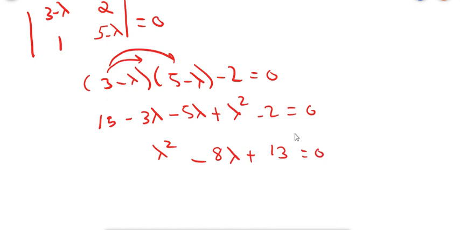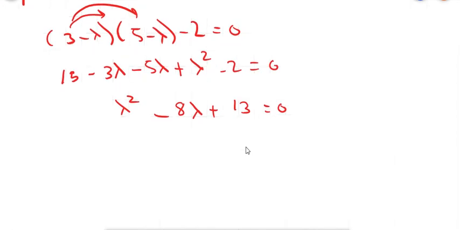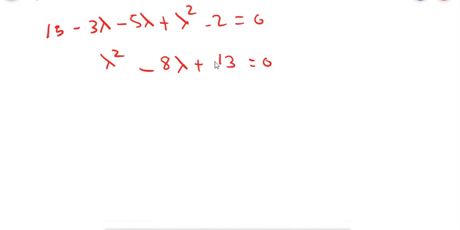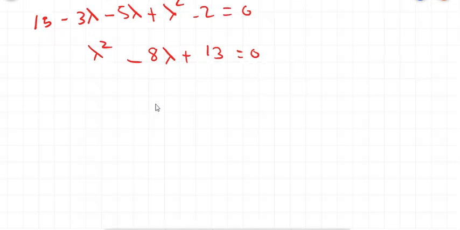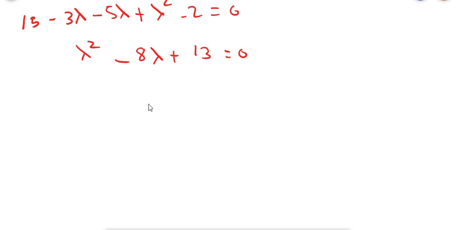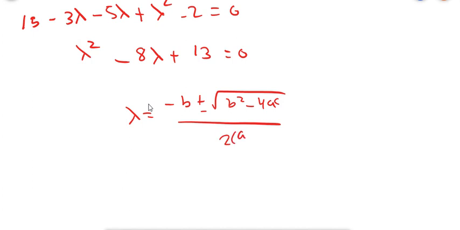So we have to find two numbers whose multiplication is equal to 13 and whose sum is equal to minus 8. We will not find these numbers, so we will use the quadratic formula. Lambda will be equal to minus b plus or minus square root of b square minus 4ac, over 2 multiplied by a, where a is equal to 1, b equal to minus 8, and c equal to 13.